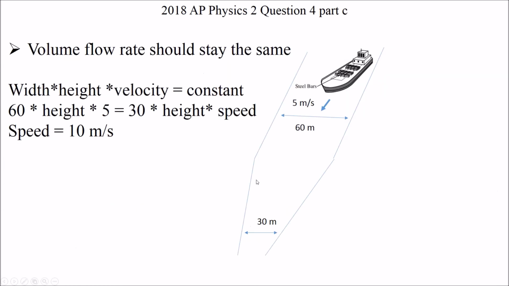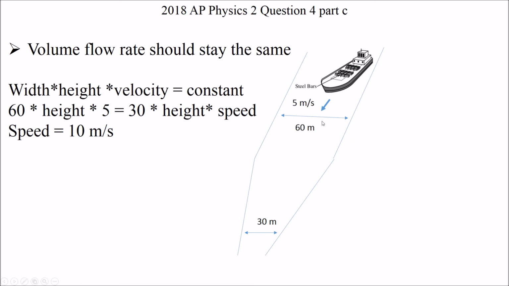Alright, so let's move to the last part. Last part was probably the easiest part of the question. So we are talking about that boat, and it is going from 60 meter width to 30 meters width, and it's the same height, same depth.